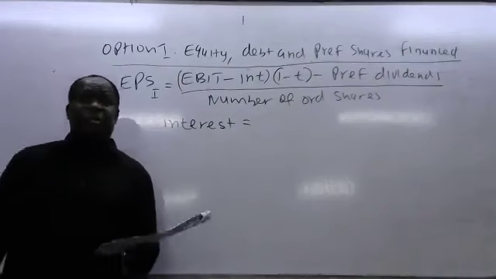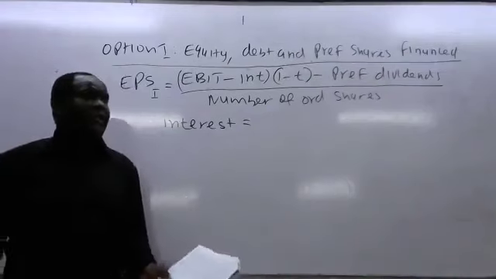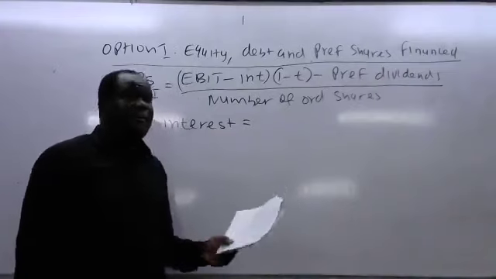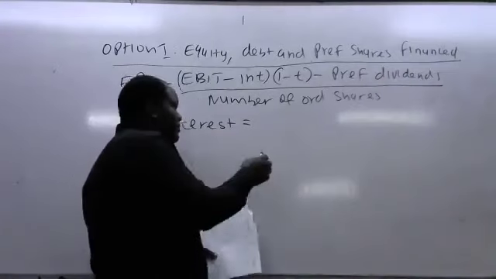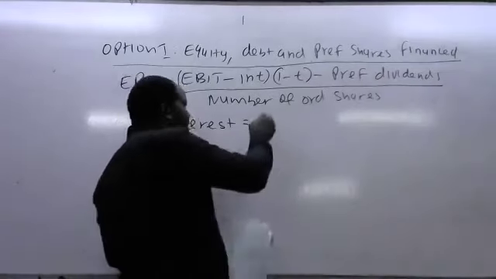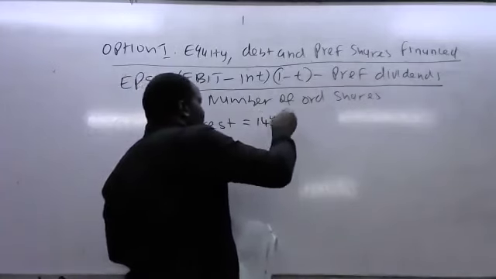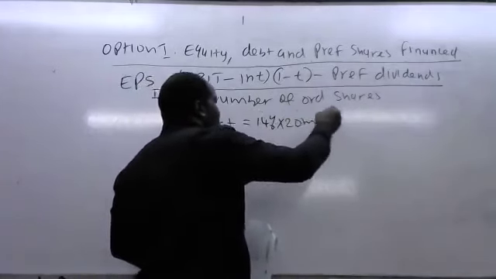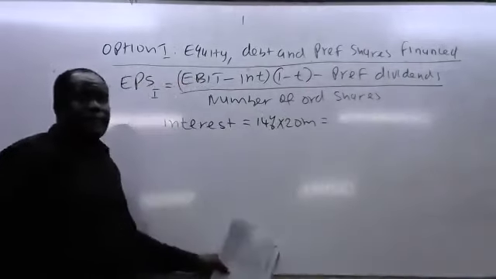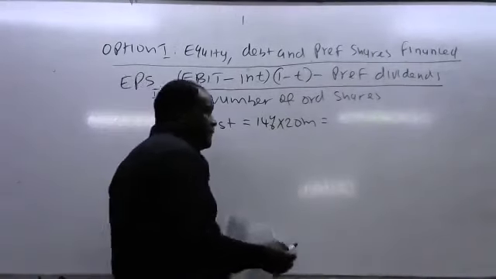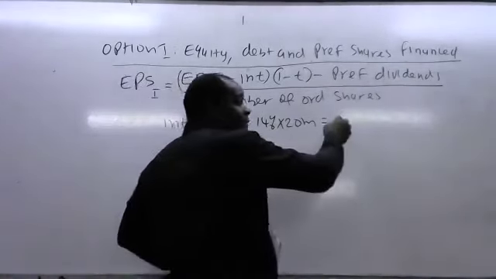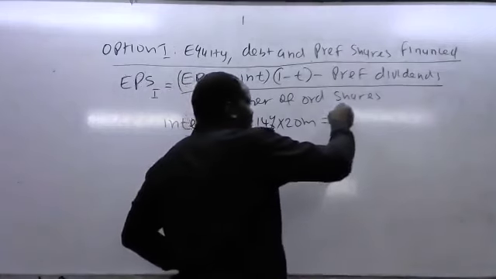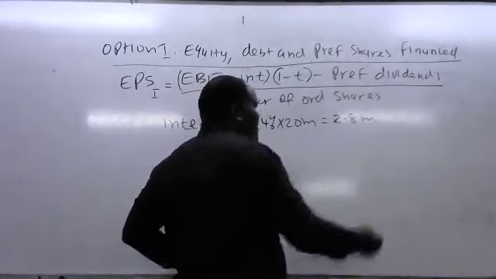The total amount is how much? So get 14% of 20 million. Interest will be 14% of 20 million, which is 2.8. So we get 2.8 million.